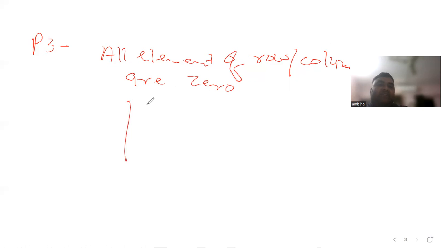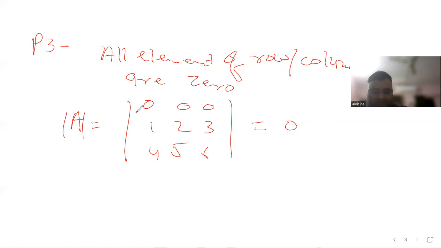That is, suppose I write an example, let's say 0, 0, 0 I'm taking, and any numbers you can pick. If you solve the same, automatically your result will be 0. So this is our third property.